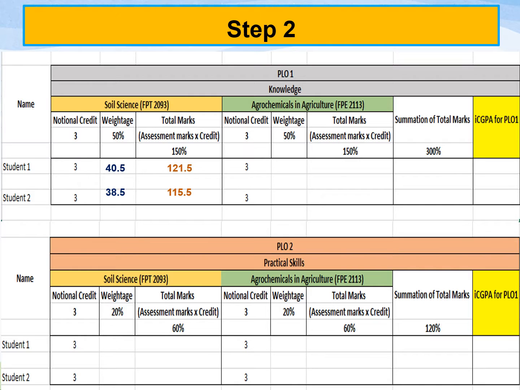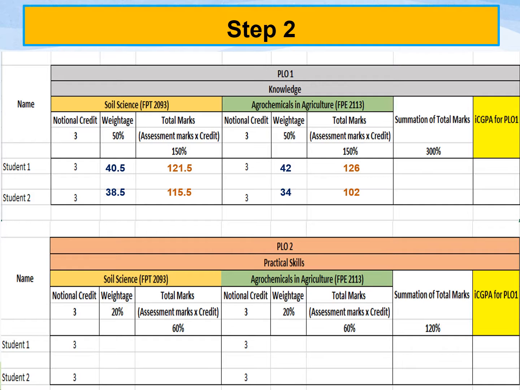In agrochemicals in agriculture, student number 1 obtained 42%, while student number 2 obtained only 34%. Thus, student number 1 has a total marks of 126%, while student number 2 has 102%.